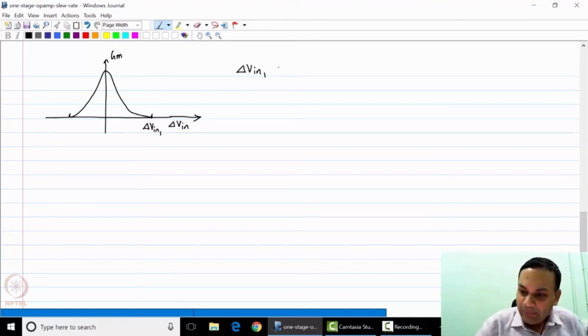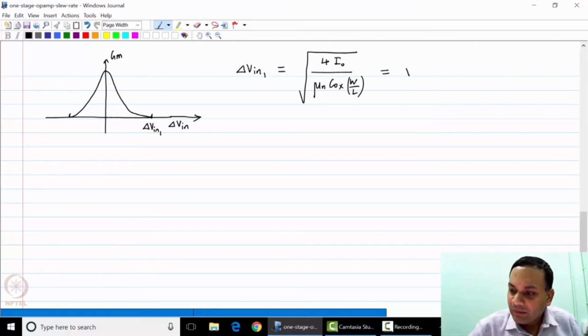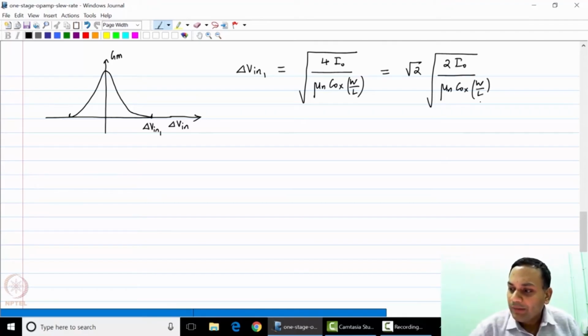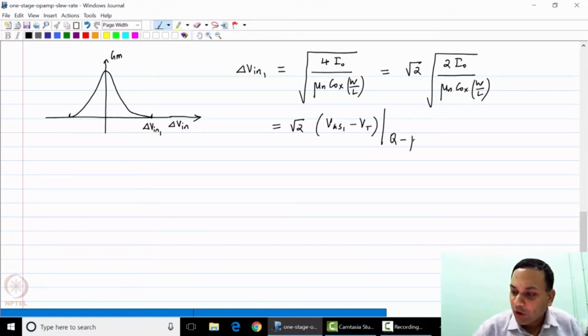This delta Vin1 happens to be equal to the root of 4 I naught over mu C ox W over L. Now I'm going to rewrite this in a specific manner, as root 2 into root of 2 I naught over mu C ox W over L, and you can clearly see that this is nothing but root 2 times VGS1 minus VT at the quiescent point.